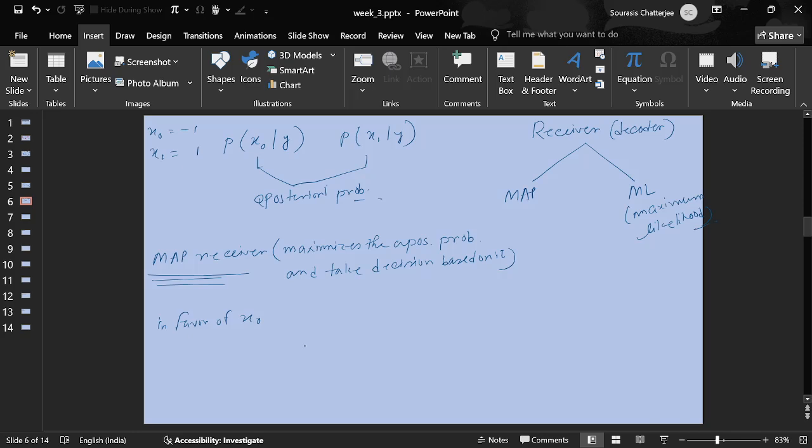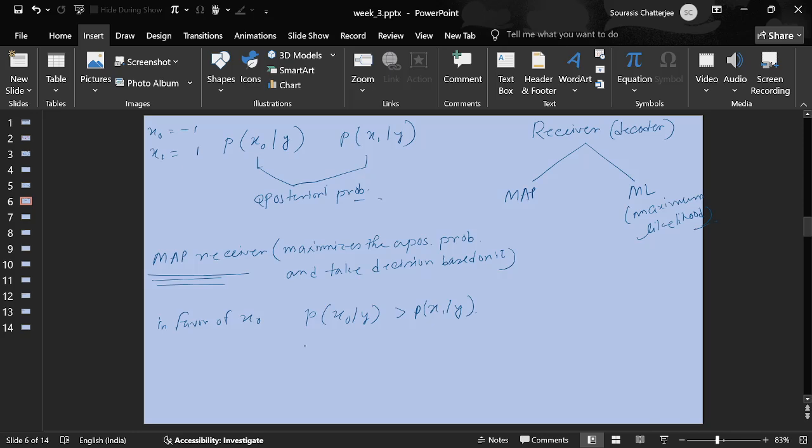Which probabilities? There are two, p of x naught given y and p of x1 given y. There are only two possibilities, and the receiver has already seen the received signal, that is y. Now based on that received signal y, let's assume we are given the a posteriori probabilities. Which one is more, it will take that one. So you are saying something of this sort: p of x naught given y is greater than p of x1 given y, right? Correct.